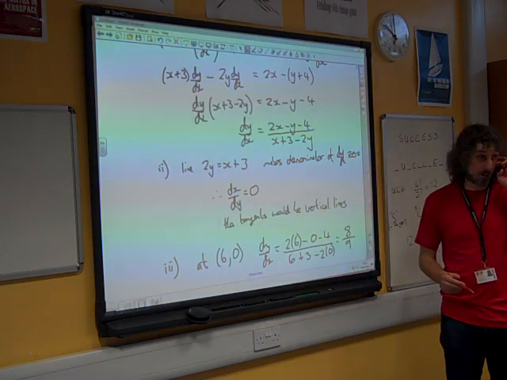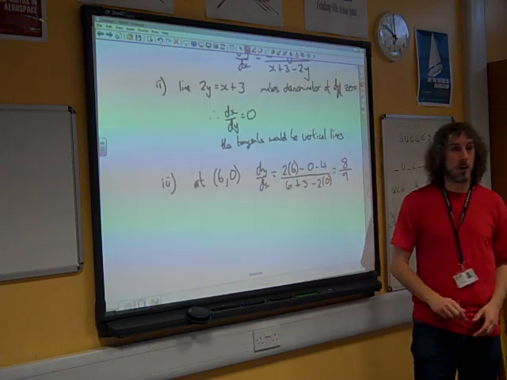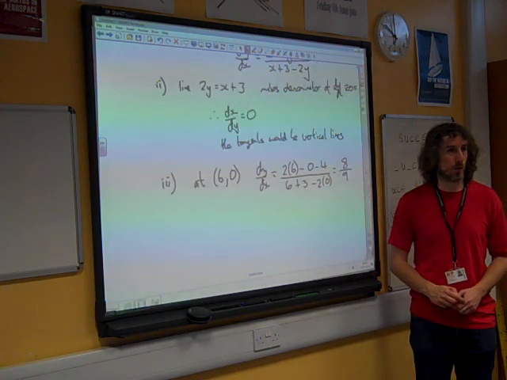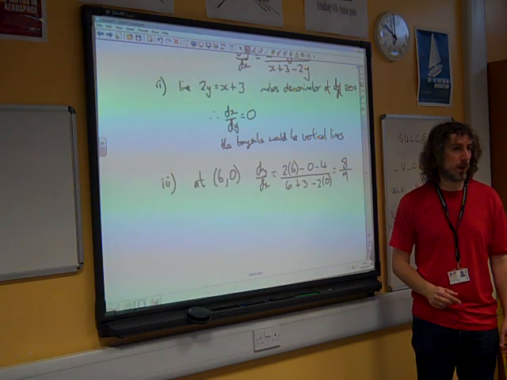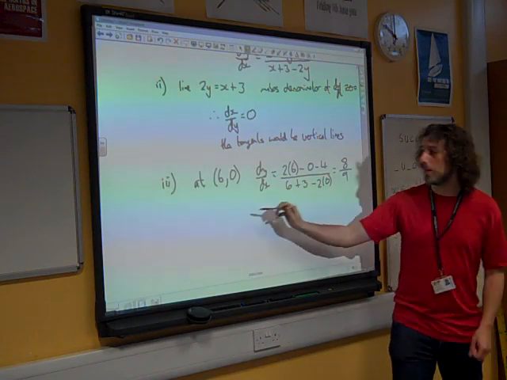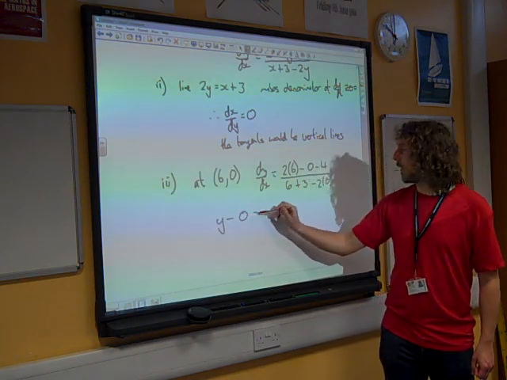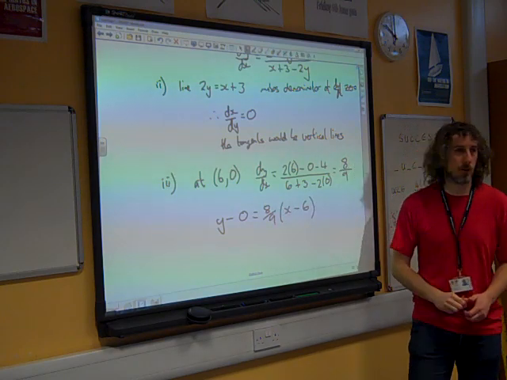We're after the tangent at that point. So this is where we go back to everything we did in Core 1, where you had to find equations of tangents. To find the equation of a tangent, you need the x and y values and the gradient. So we're going to use y − y₁ = m(x − x₁).